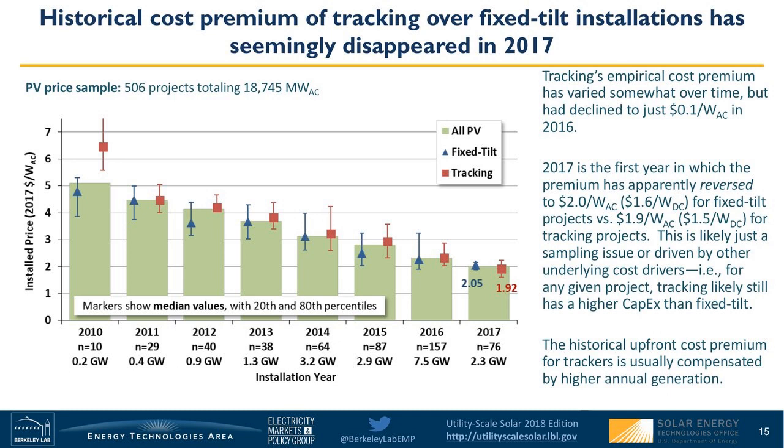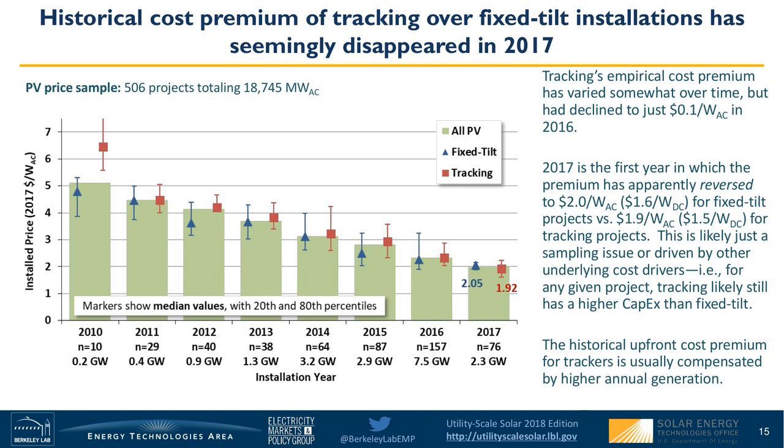However, in the year 2017, we actually found that the median price of all fixed tilt installations was higher than the median price of all reported tracking installations. Now, that doesn't mean that for any individual project, fixed tilt would be more expensive than tracking, but rather that on average, the prices that have been reported among all tracking projects just happen to be a little bit lower.